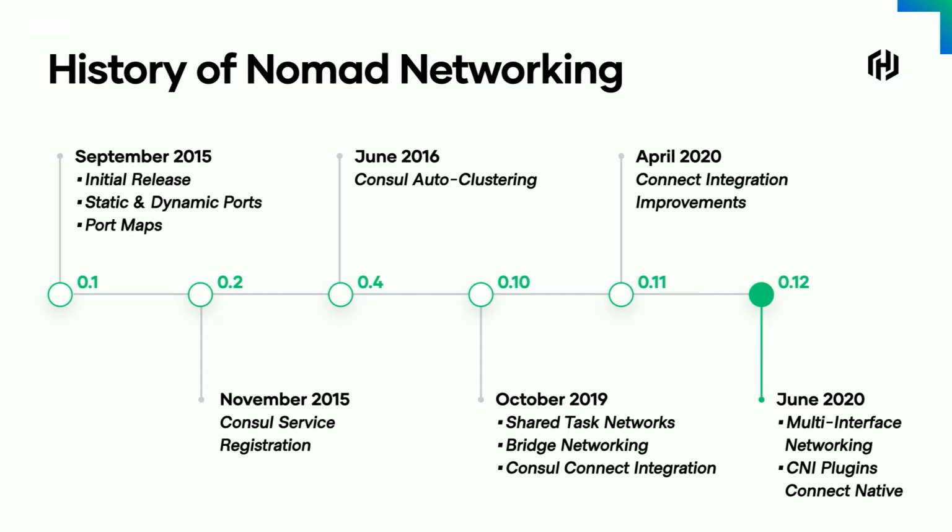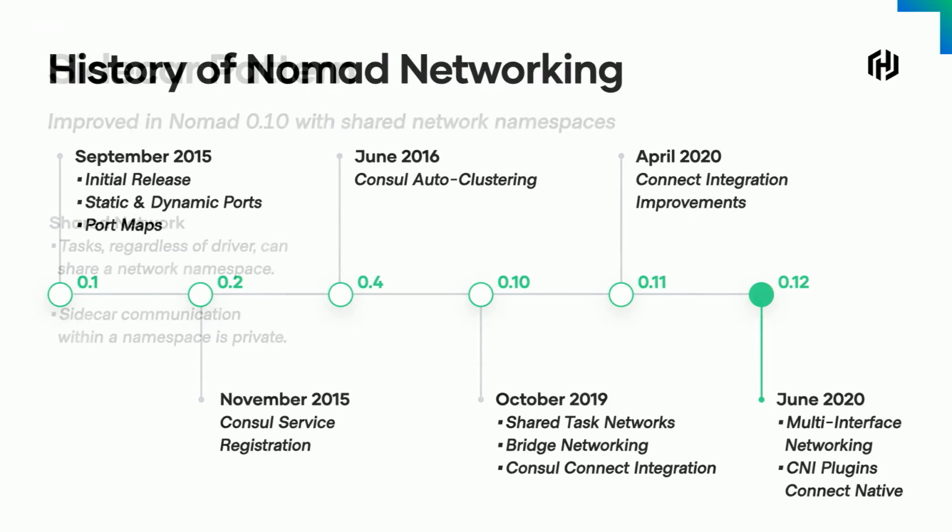Last year, we introduced shared network namespaces among tasks in a task group and integration with Consul Connect, HashiCorp service mesh. Earlier this year, we built on those features and added a bunch of really great improvements that we'll talk about. And then today, we're announcing support for CNI integration, multi-interface networking, and Connect native.